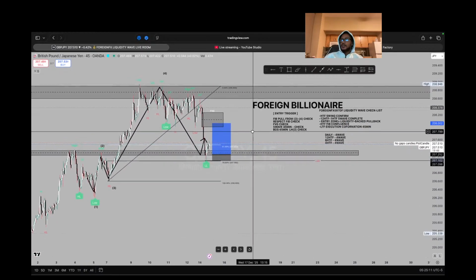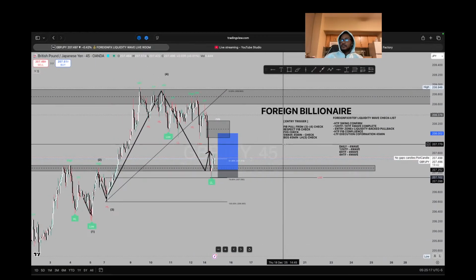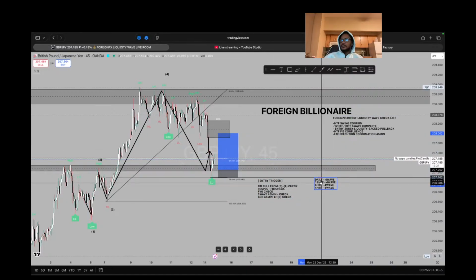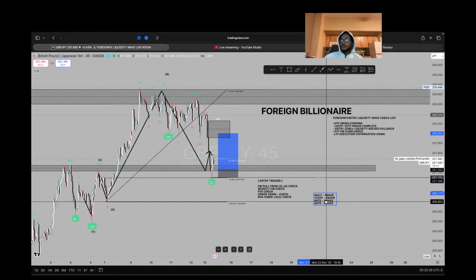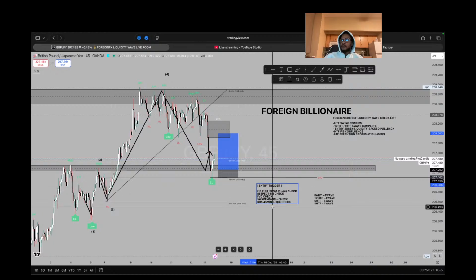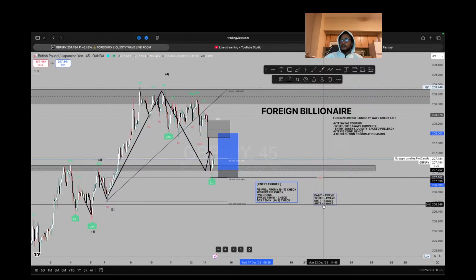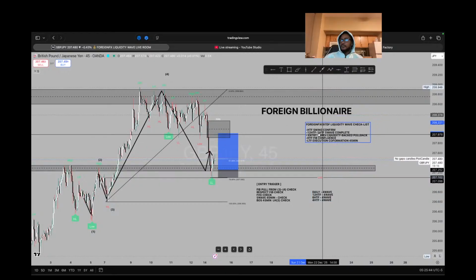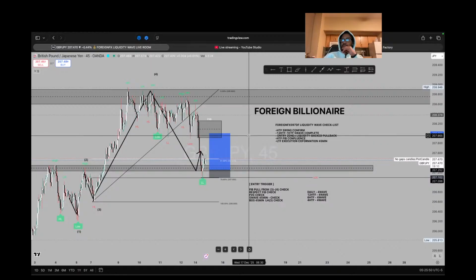That's what we like to see. All time high.